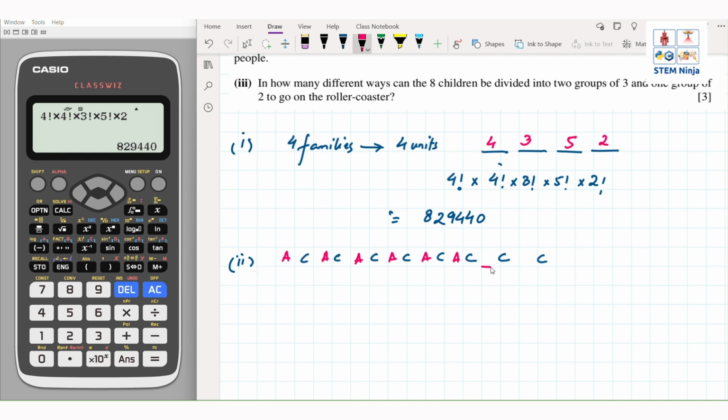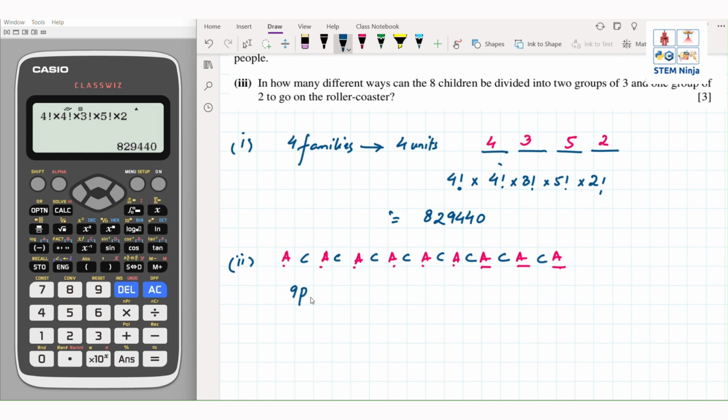However, we have three more places for adults also. So how many places for adults do we have? 1, 2, 3, 4, 5, 6, 7, 8, 9. 9 places for adults to go, and only 6 adults.